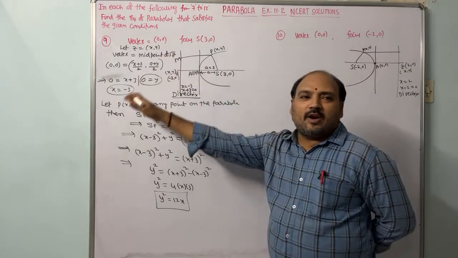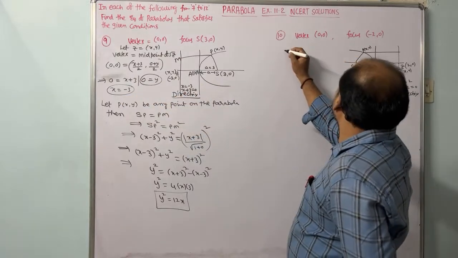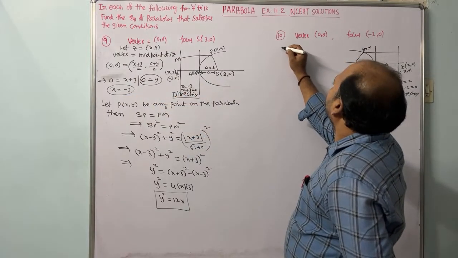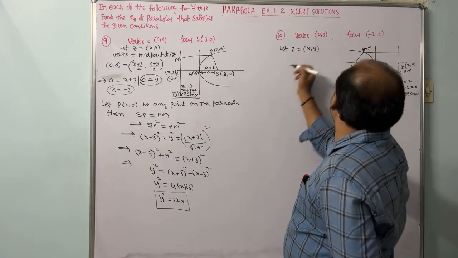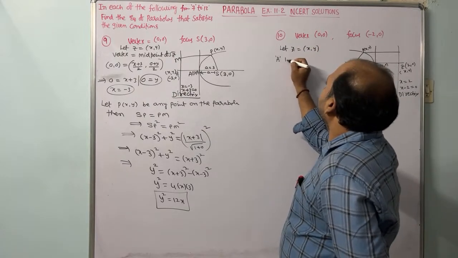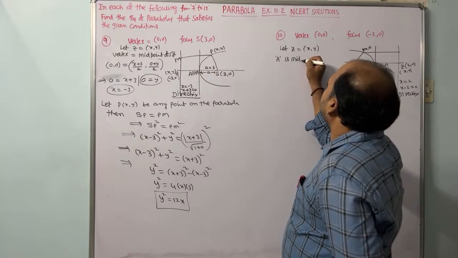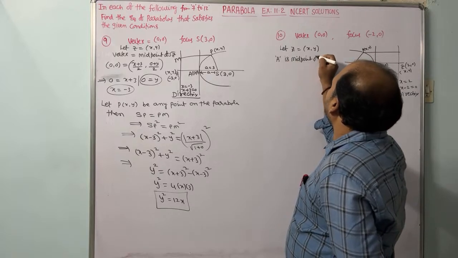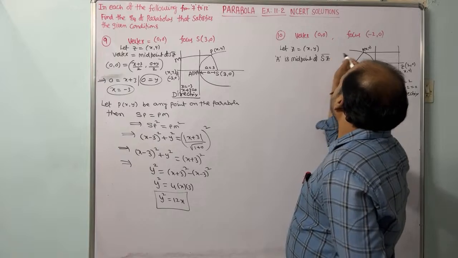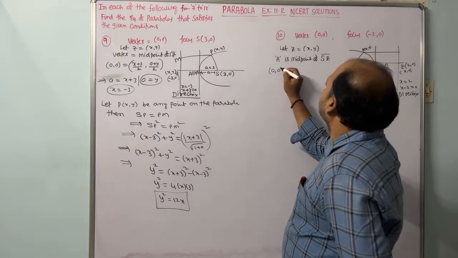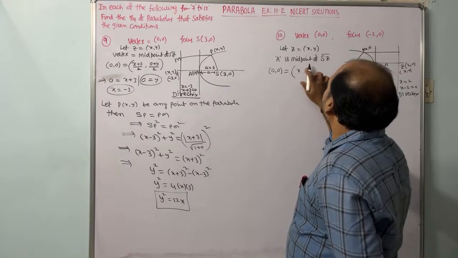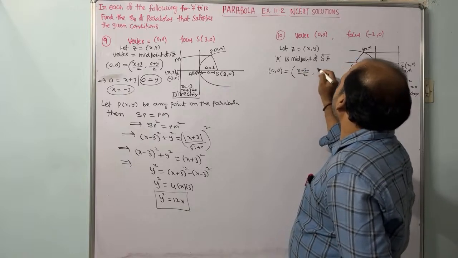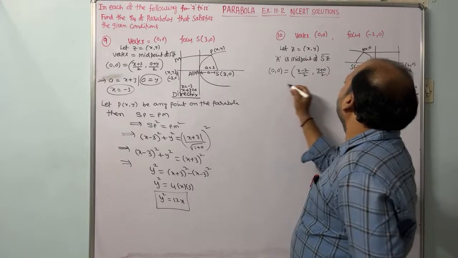This method I already explained, dear students. Let Z equal (x, y). A is the midpoint of SZ, once again I am writing here, students. So (0, 0) equal to ((x minus 2) by 2, (y plus 0) by 2).